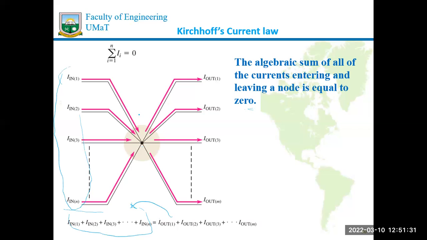They will all sum up to give us 0. So irrespective of the number of currents, the dot, dot, dot means that I can have more current branches coming in. All right. So the algebraic sum of all currents entering and leaving a node is equal to 0.